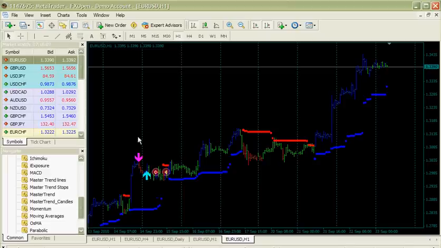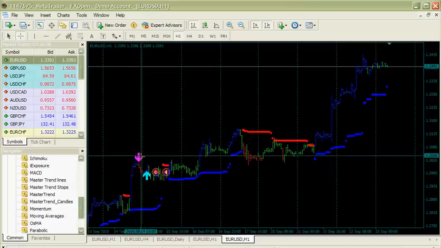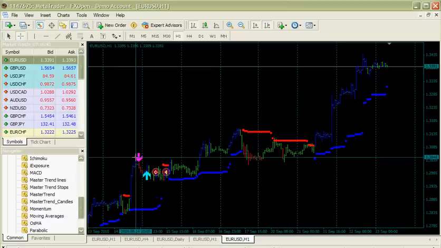The second condition, if it's a buy, you're going to have to see a blue dot below the bar. If you do not see a blue dot, then that's not a confirmed signal. Same thing on the sell signal. If you see a red sell signal, but you do not see a red dot on top of it, that means it's not a confirmed signal. So in this case, this signal here that you see on your screen will not be used for a trade.